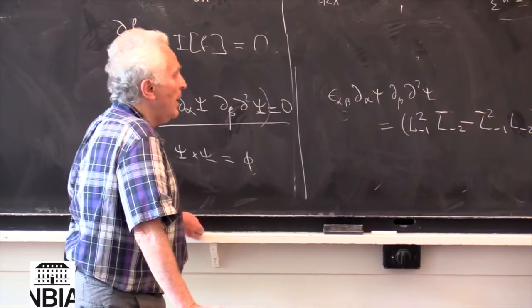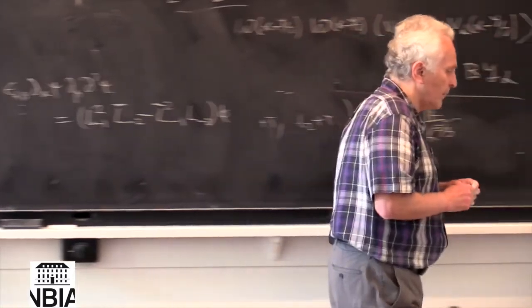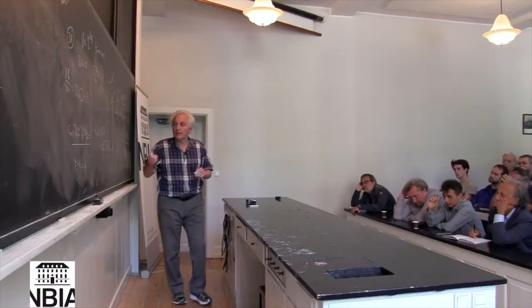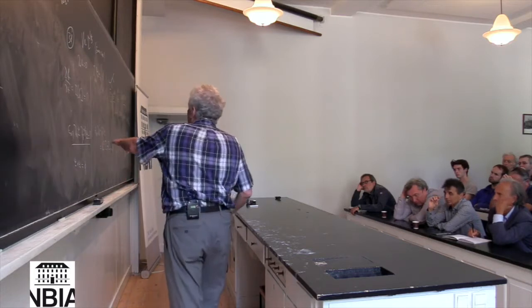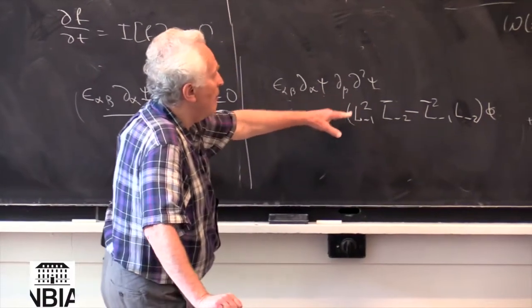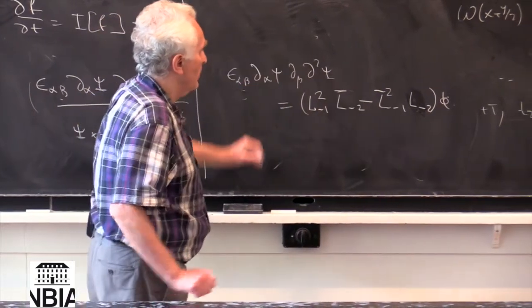And then you can use this for writing the steady state condition, the constant flux condition, and so on. So that's the simplest operator with proper symmetries, with proper quantum numbers.